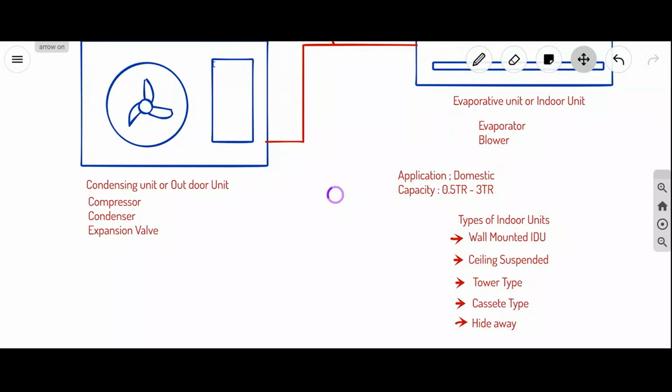I'm adding a lesson for you. Sir, as you told us, the type of compressor or the type of expansion valves. Yeah.